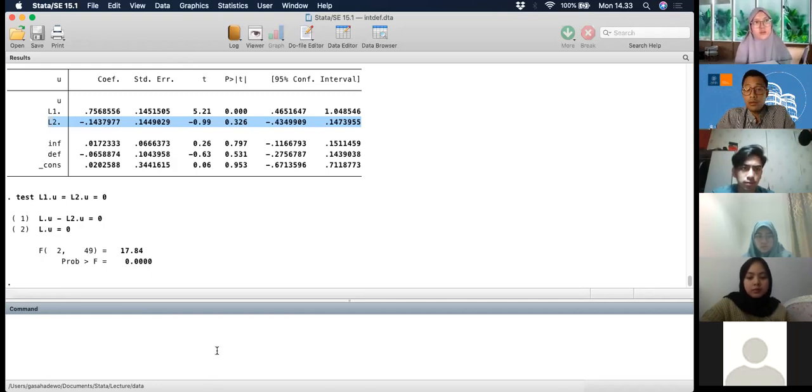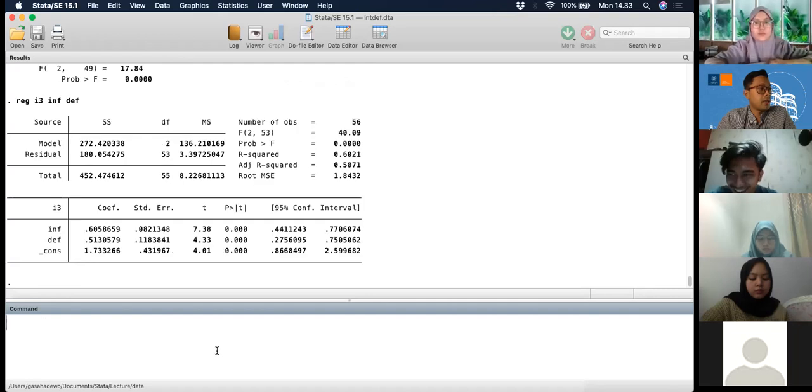Another way of looking at this, more efficiently, since I just wanted to show you the nooks and crannies of the test, is to do it in a straightforward manner. You just have to regress I3 on inflation and the budget deficit as a percentage of GDP.